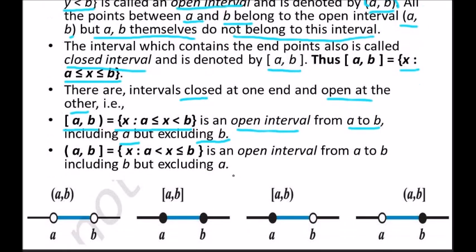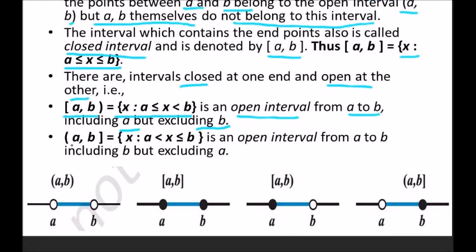And the set of all x such that a less than x less than or equal to b. In this case, it is an interval from a to b including b but excluding a. The figure gives you a clear picture of all types of intervals.